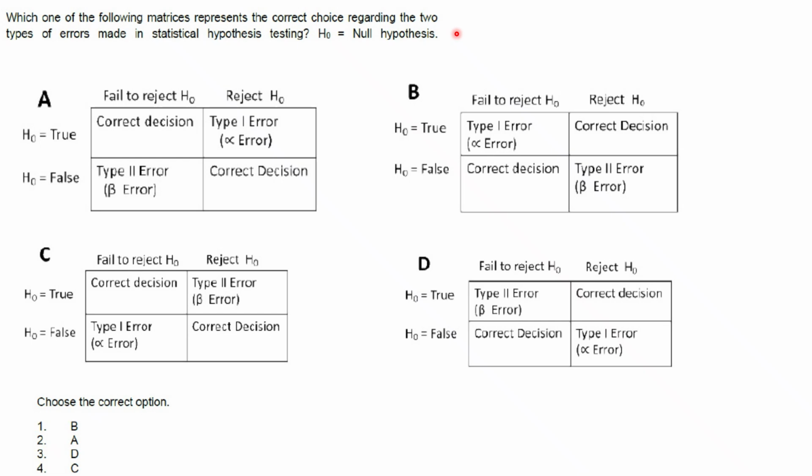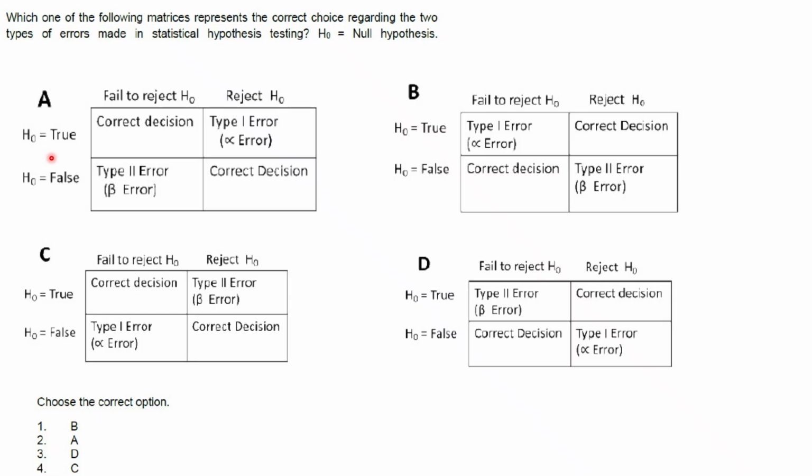That is null hypothesis. Now there are 2 types of errors. One is type 1 and the other is type 2 error. Now type 1 error, it happens when you reject the null hypothesis, okay, when actually it is true.